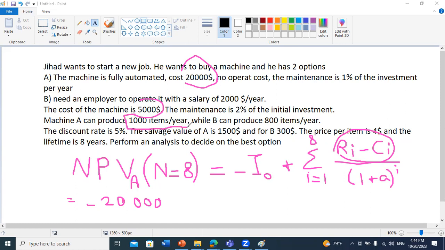So the productivity is related to the income plus we know that the price per item is $4. So per year, we can say that the outcome is 4 times 1,000. Okay, so we have 4,000.